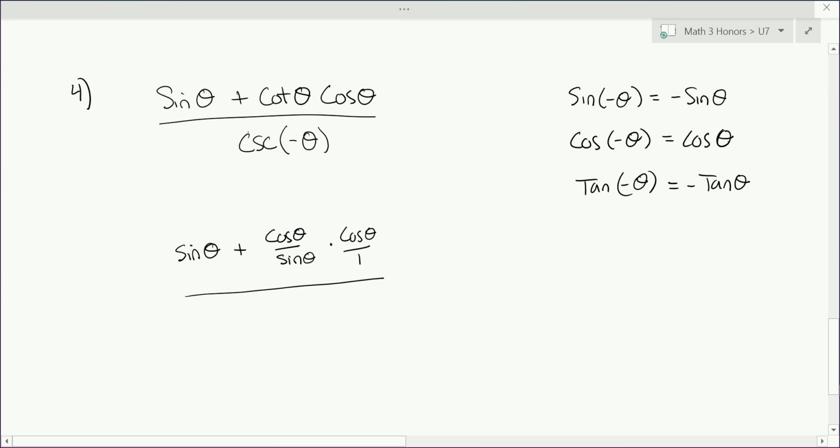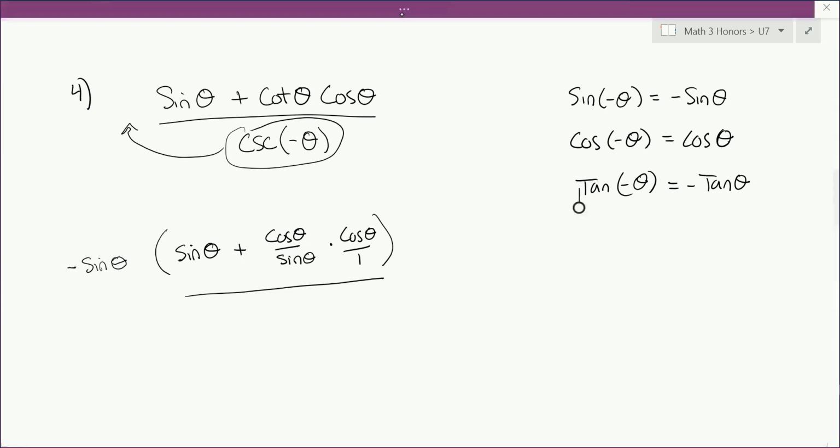And actually, we could just move this to the top. So all this is in parentheses, and when I move that up, it's going to become sine, right? And if I want to change it to theta, I need to put a negative in front of the sine. I'll take away the fraction.